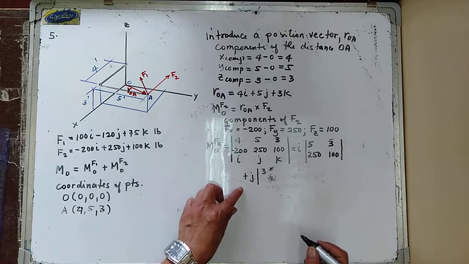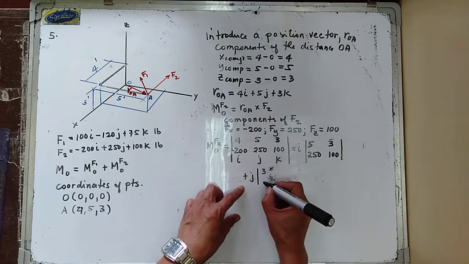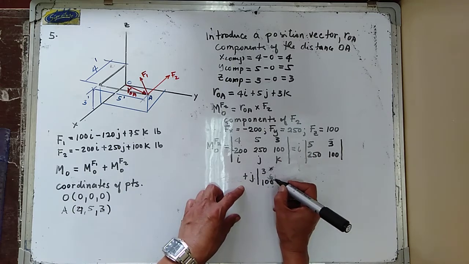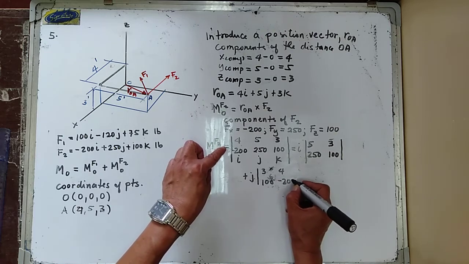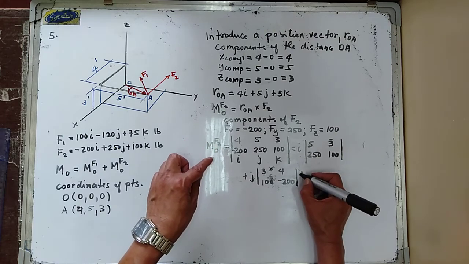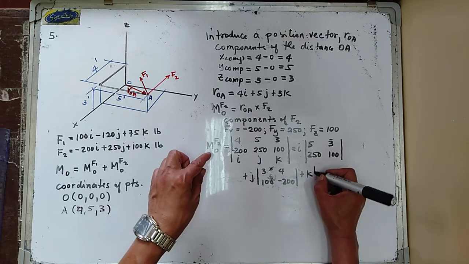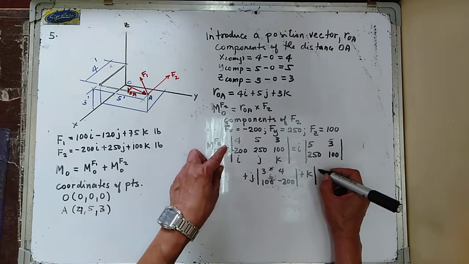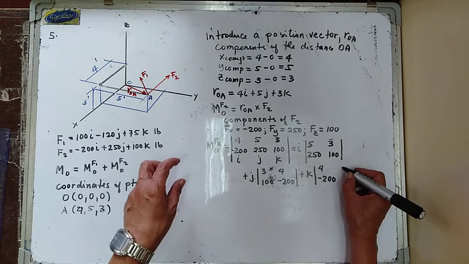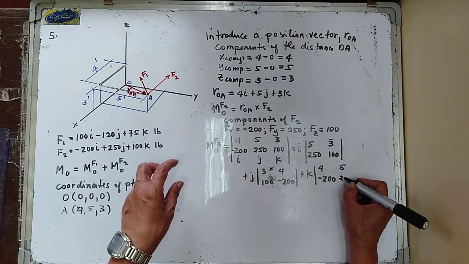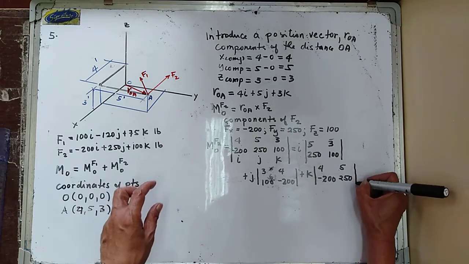Okay, plus j, so we have 3, 100, and 4, negative 200, plus k. So we have 4 minus 200, 5, and that is 250.